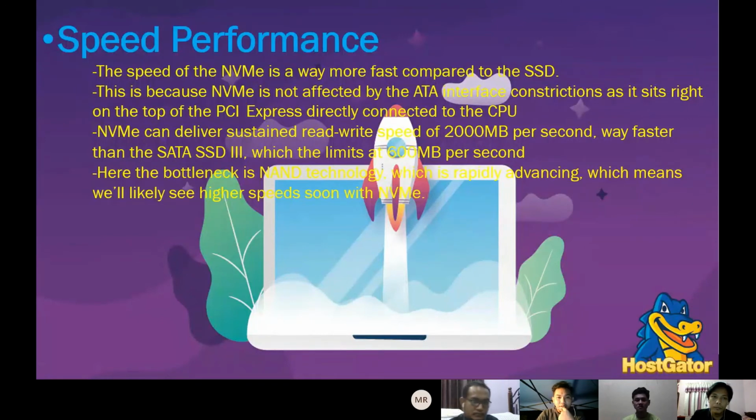NVMe can deliver sustained read-write speed of 2000 MB per second, way faster than the SATA SSD, which limits at 600 MB per second. Here, the bottleneck is not the technology, which is rapidly advancing, which means we will likely see higher speeds soon with NVMe.